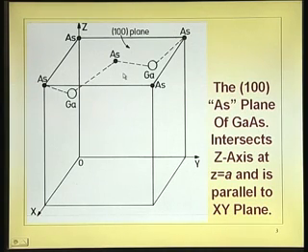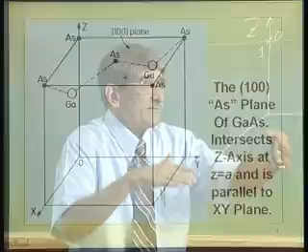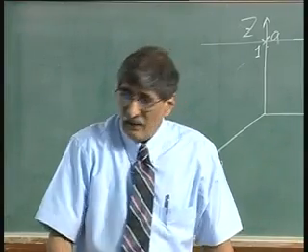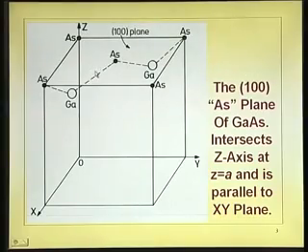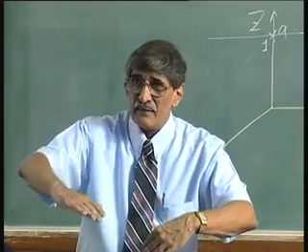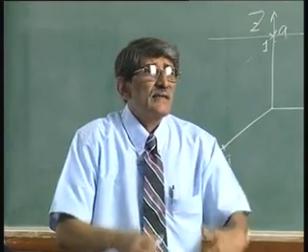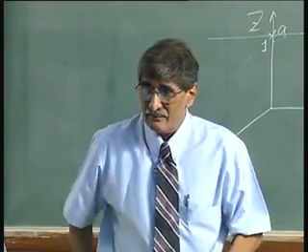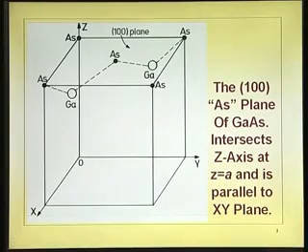That is because you take any one of them, the atom arrangement is the same thing. I can make this 1 0 0 if I shift the coordinates, center of coordinates. So, what you do is any one of these sides of the cube parallel to x plane, y plane, z plane, you call it as family of 1 0 0 planes. So, these are the 1 0 0 planes.